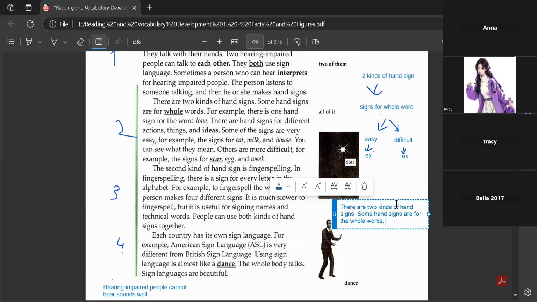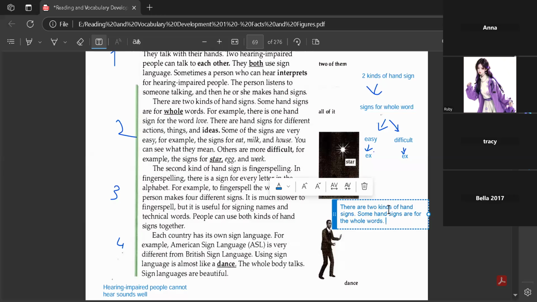First, the example we don't really need, because the important part is where they say that some words are easy and some words are difficult. We don't have to say, for example, for the whole word.